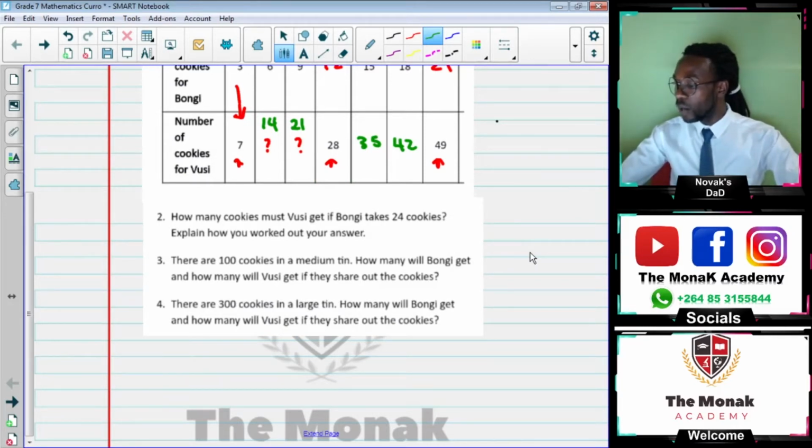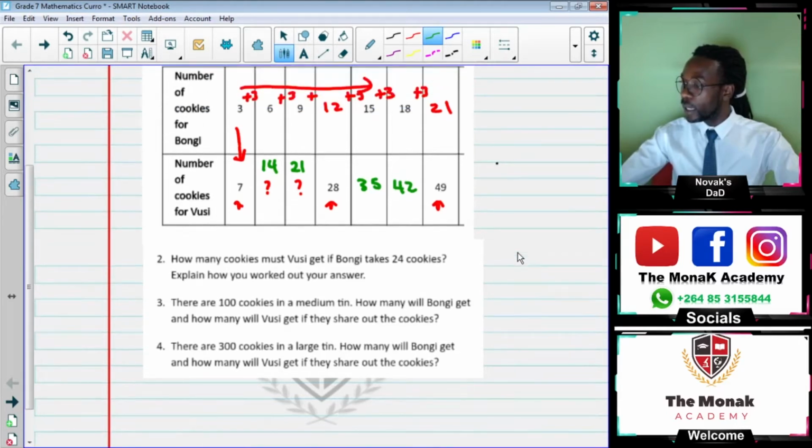Explain how you worked out your answer. So Bongi is at 24 cookies. If we look at our table here, Bongi is ending at 21.